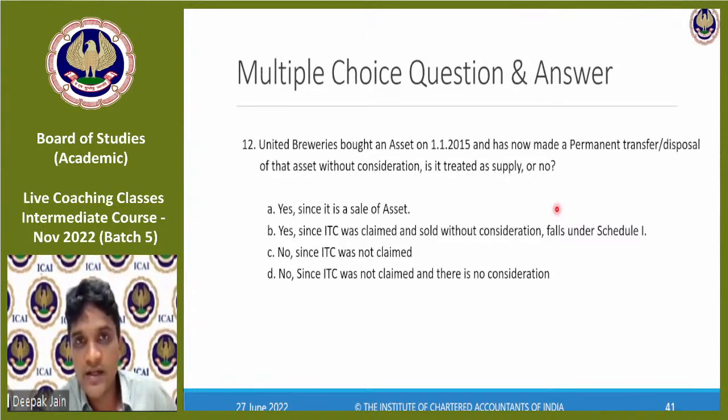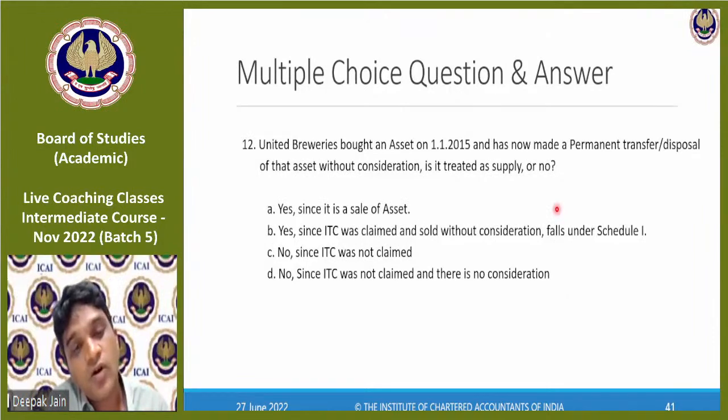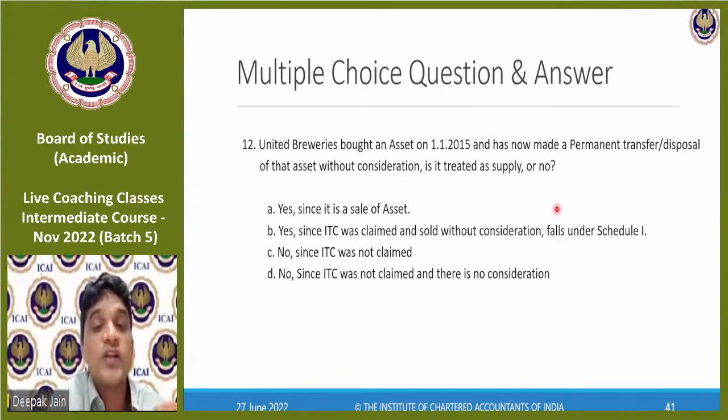GST started only on 1st of July 2017. But this person has bought the asset on 1st January 2015. So could he have claimed credit before GST came in? He could not have claimed. And there's no mention whether he's claimed credit or not. So we cannot assume that he's claimed credit. We have to say that he bought the asset before the GST came in, so he didn't claim the credit.